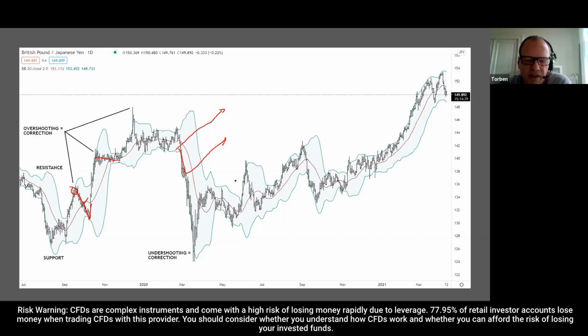You have some other signals here. You had one here again, down to the middle here, down to test the middle, and even lower in this case. And I think you had one over here. Here you had one, and again down to test the middle.